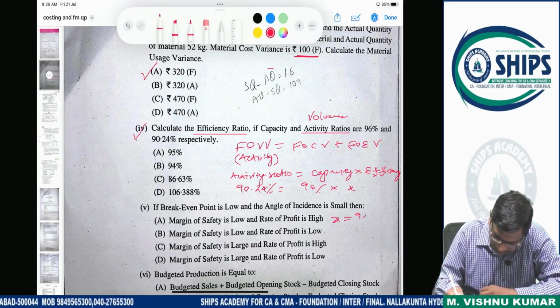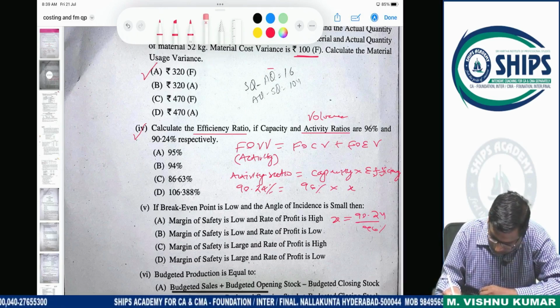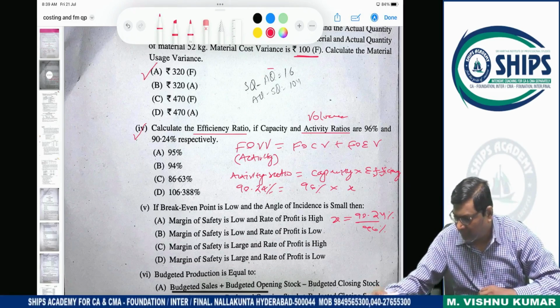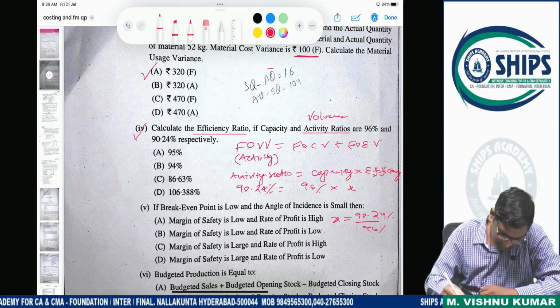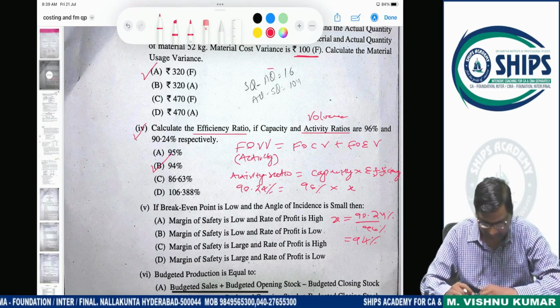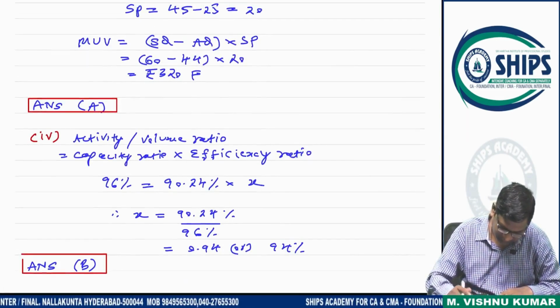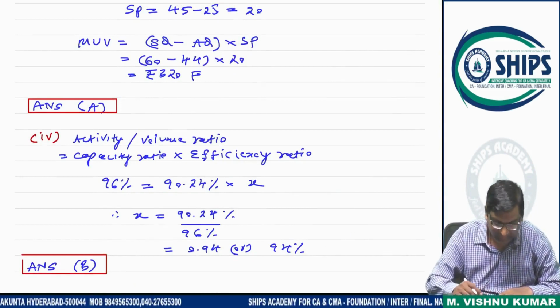So 90.24 divided by 96%. Clear? So 90.24 divided by 96, 94% is coming. So your answer is 94%. Clear? So check this. The answer is 94, so the answer is B.